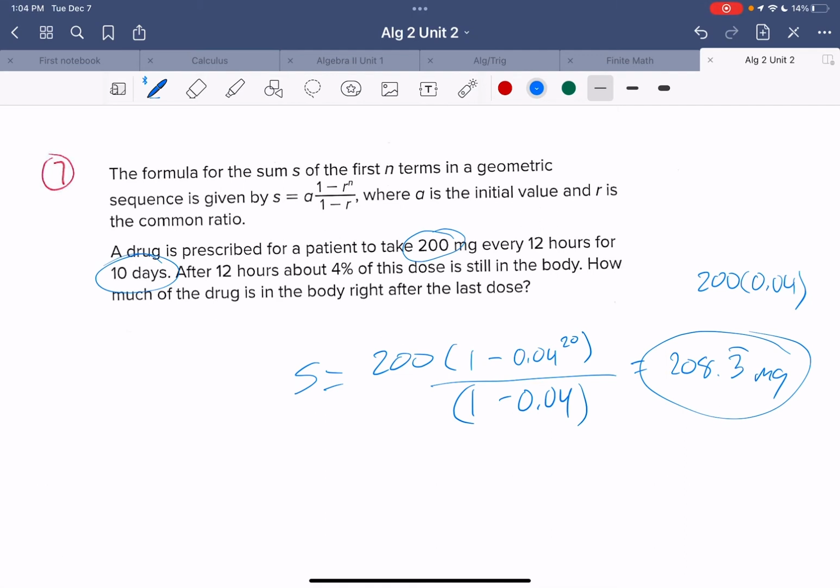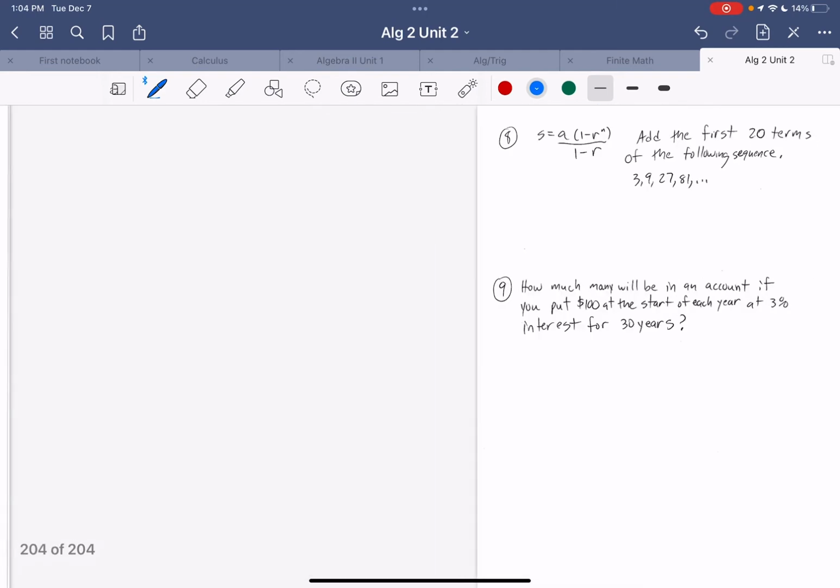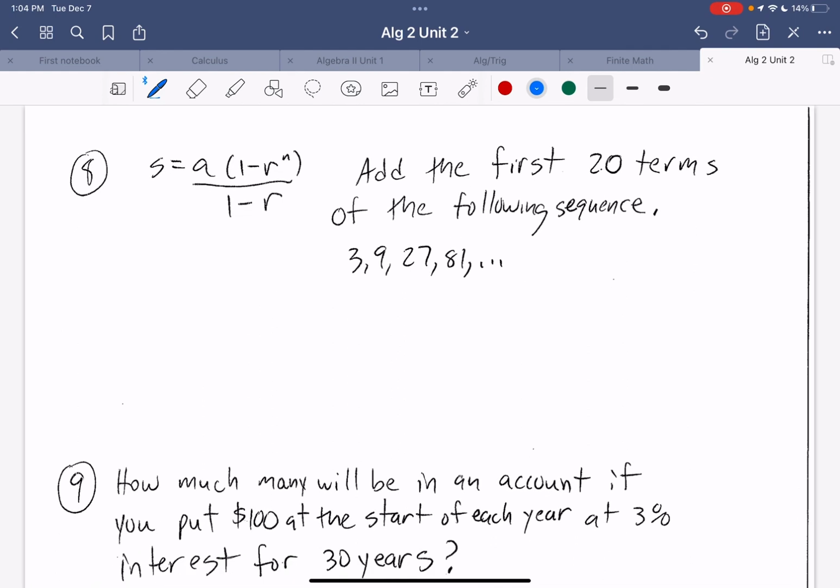Okay, next page is just the 20 terms. This is going to be a big number. So we're just following the formula again. And blue pin, I'm on the blue pin. So S is equal to starting is 3. 1 minus R, it's 3 times as much, so 3.